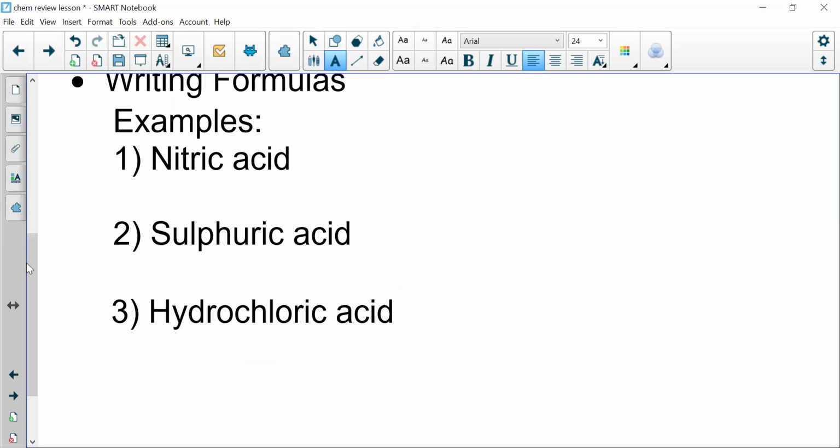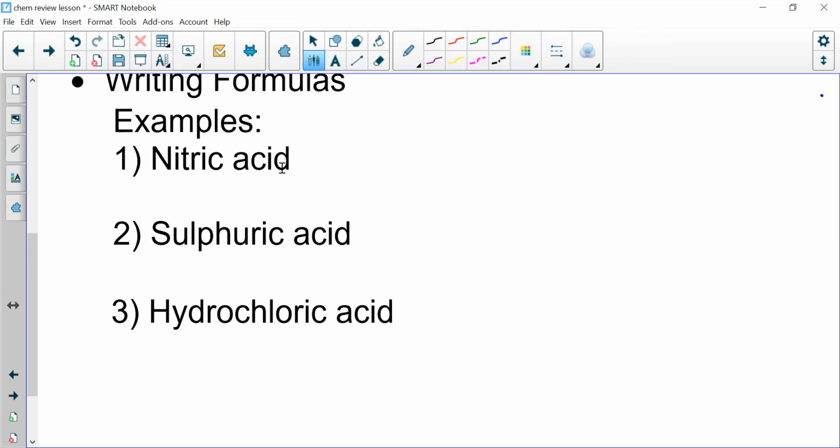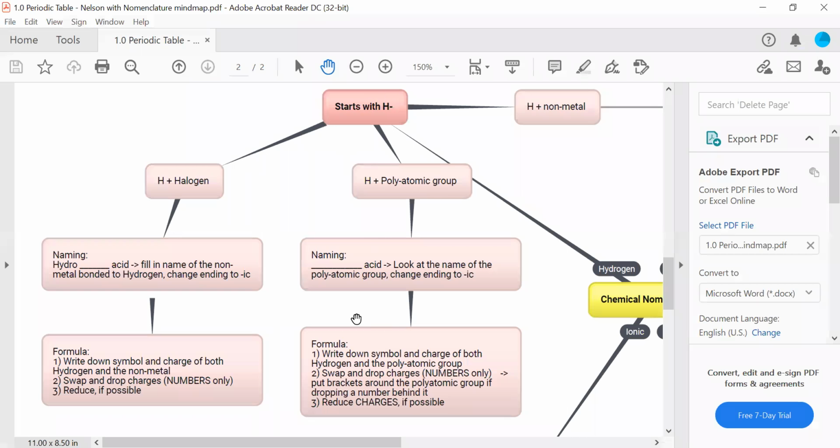Nitric acid is nitrate plus hydrogen. So the word hydrogen is kind of hidden if it's with a polyatomic ion group. So if you see the word acid, look at the back of your periodic table. Use this flow chart. So acids, here, write down the symbol and charge of the hydrogen and the polyatomic group.